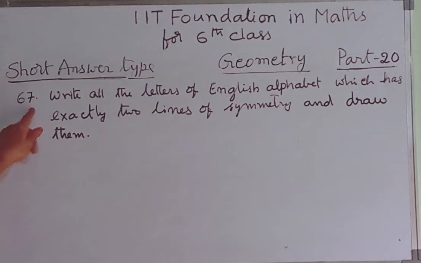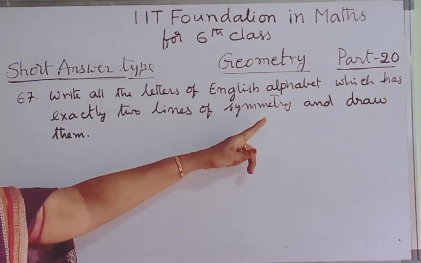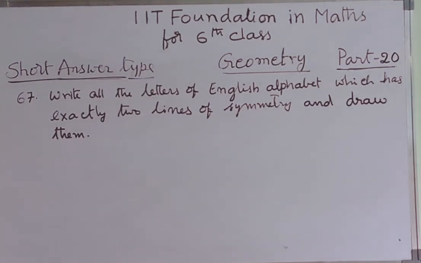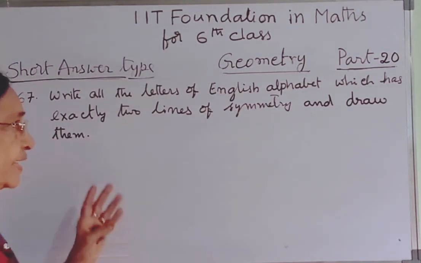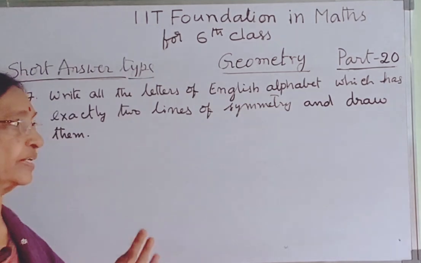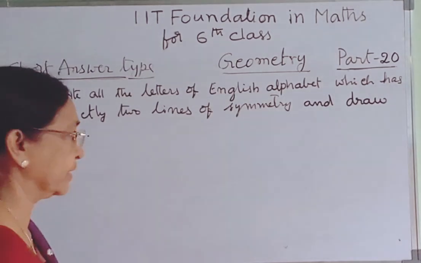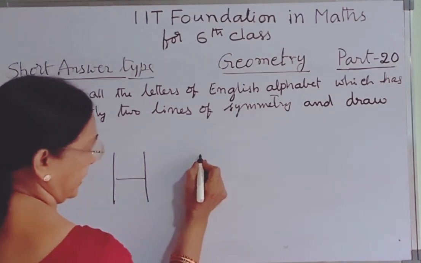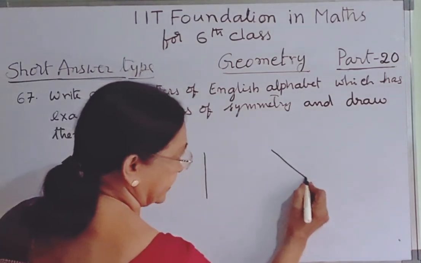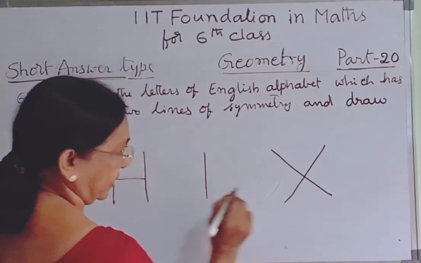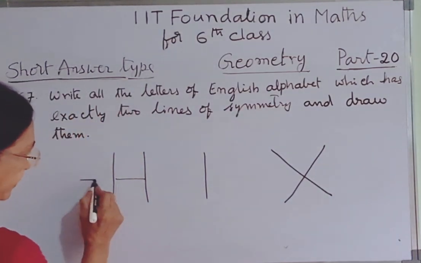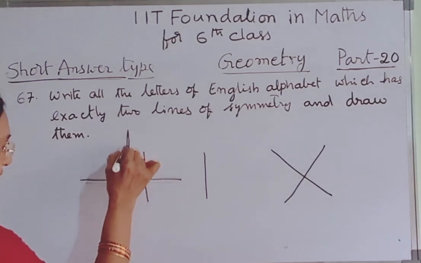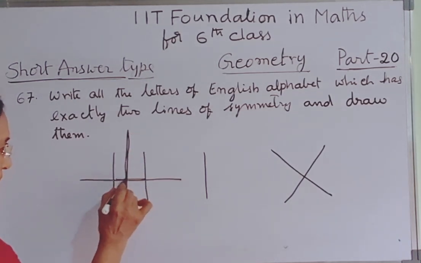Next, 67. Write all the letters of the English alphabet which have exactly 2 lines of symmetry and draw them. There are only 3 letters in the English alphabet which have exactly 2 lines of symmetry. They are H, I and X. So the lines of symmetry are, first, a horizontal line and this vertical line exactly passing through the middle point.